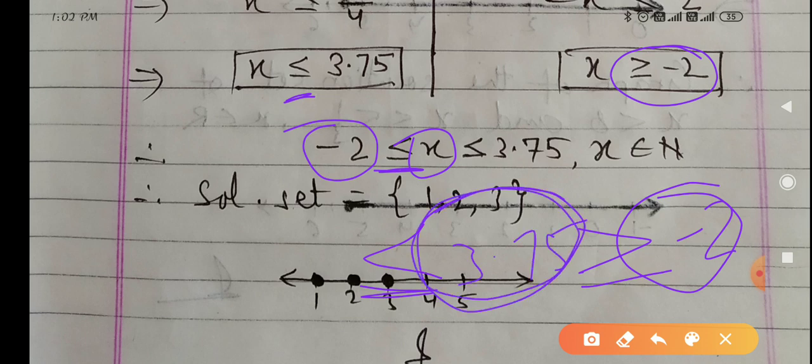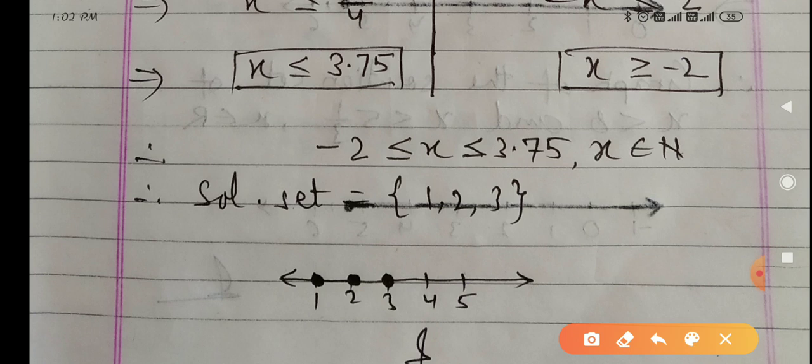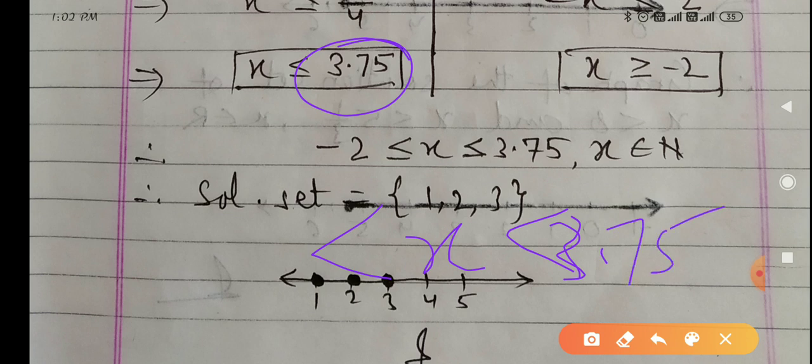You can see 3.75 is facing the open mouth. So you have to write that number. One more time I am telling, first you write x in between, then less than sign on both the sides, the number facing the open mouth, this is 3.75, you write here, the number facing the corner, minus 2, you write here.